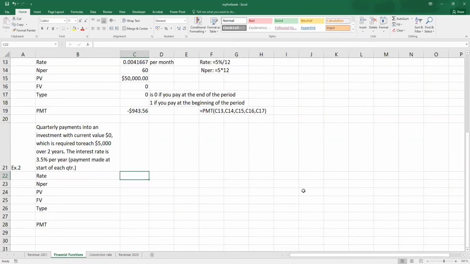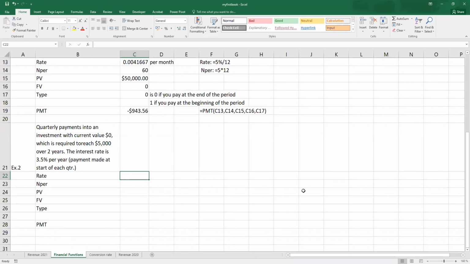The first one: you have to pay equally, meaning it's a constant payment every time. For example, if your answer is 644.22, that means every quarter you have to pay 644.22 all the time.